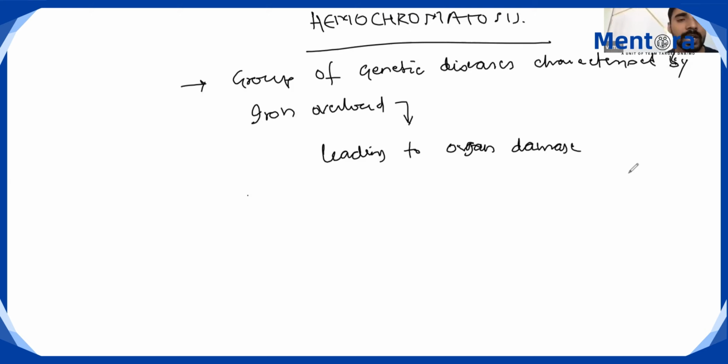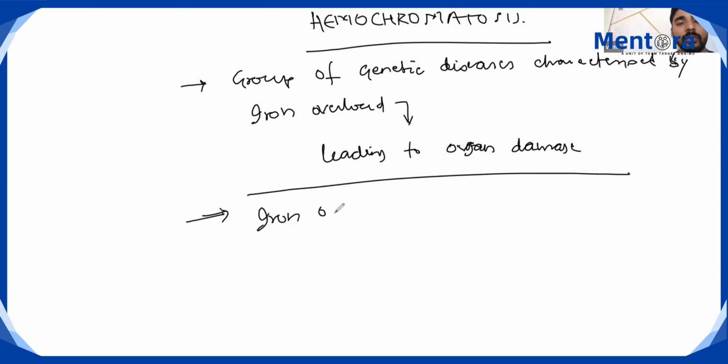So a group of genetic disorders characterized by iron overload leading to organ damage. This is what is called hemochromatosis. Now why does this iron overload happen? It can happen due to two reasons. Either it can be primary or it can be secondary, right?